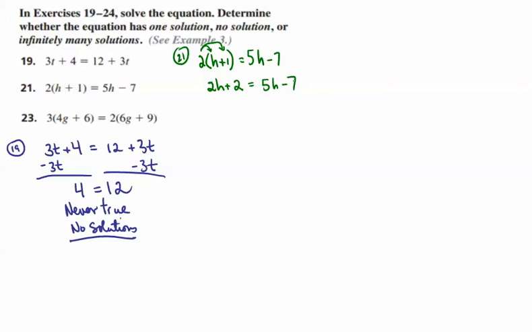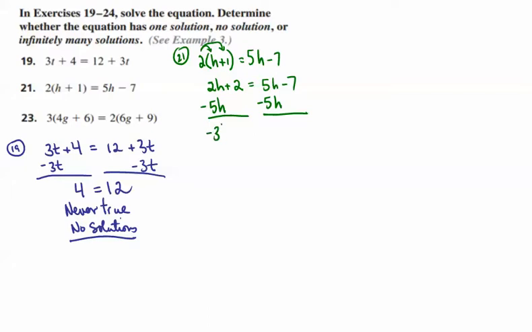At this point we can choose to either move variables to the left or to the right. I'm going to just use the same principle of moving the variables to the left, and I do this by subtracting 5h from both sides.